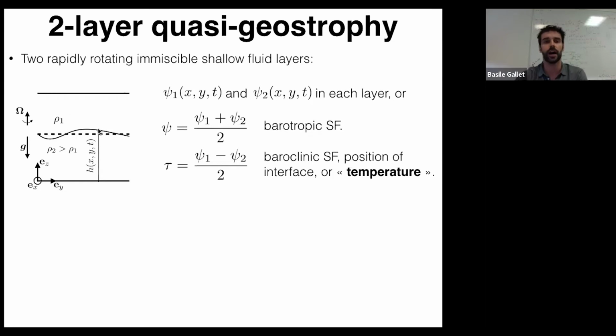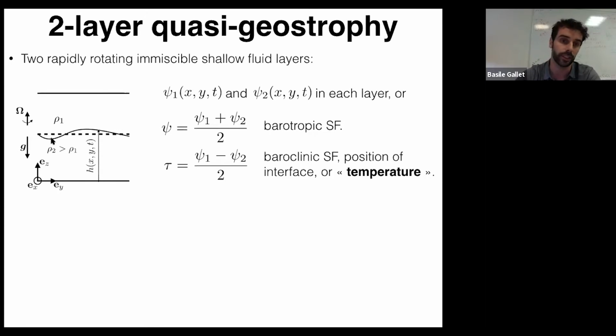But if you think of the height of that interface, it's also directly related to the vertically average temperature of a local fluid column. Okay, consider that position, for instance, there is more dense fluid here, more cold fluid. So if I average the temperature over the vertical, that fluid column is colder than when the interface is at rest because I have more cold fluid here.